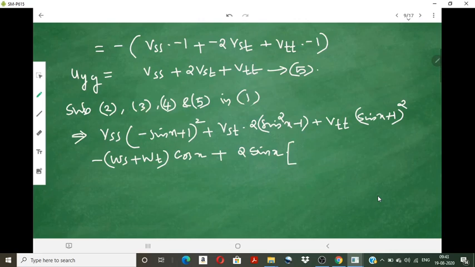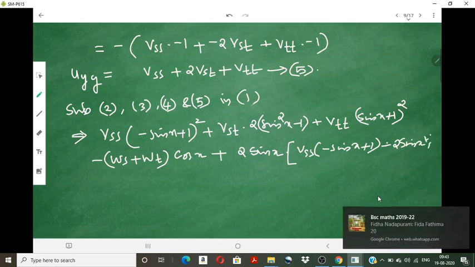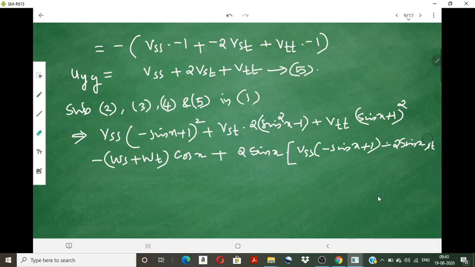So 2 sin x into Vss into minus sin x plus 1, minus 2 sin x into Vst, minus Vtt into sin x plus 1. This is minus 2 sin x into Uxy.